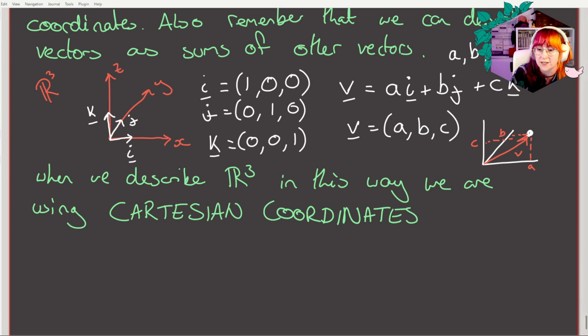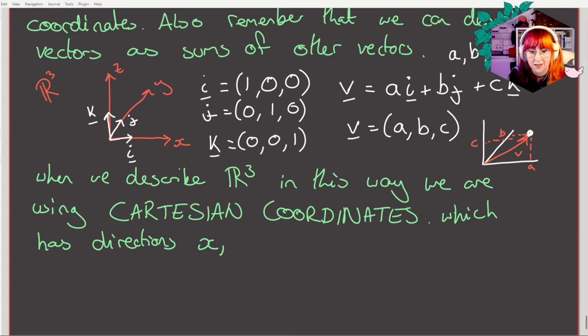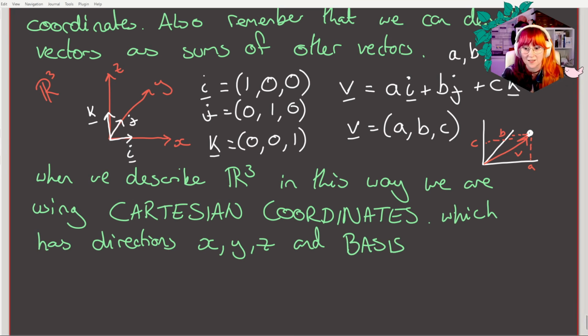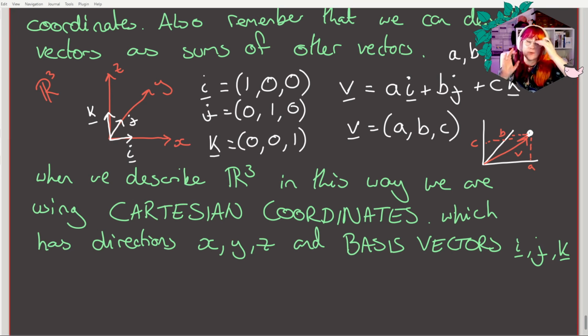There are other coordinate systems and other descriptions of base vectors, which has directions x, y, z, and we're going to go on to what it means later, but basis vectors i, j, k. And I'm not picking i, j, k randomly. These are the ones that are used in the literature.